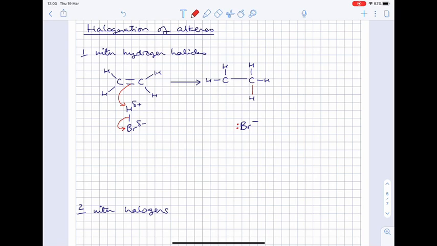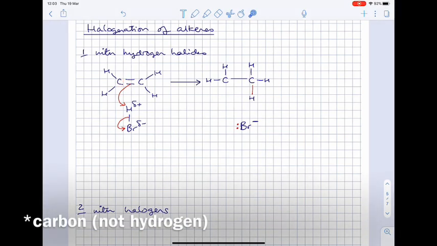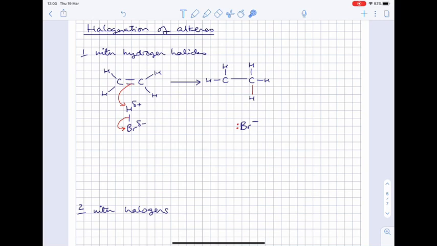Now this carbon on the left has lost the pair of electrons here, so it is now a positive charge. You can draw a circle, you don't have to, but I tend to draw a circle to show the charge. And this is, as we know, a carbocation. So this here is a carbocation.